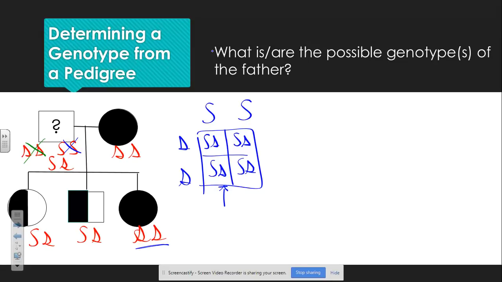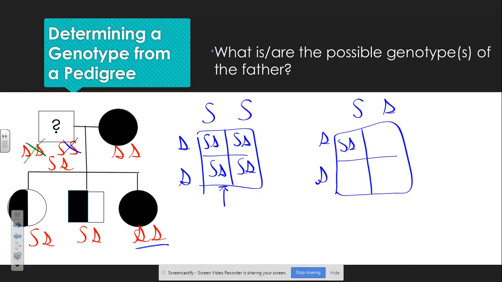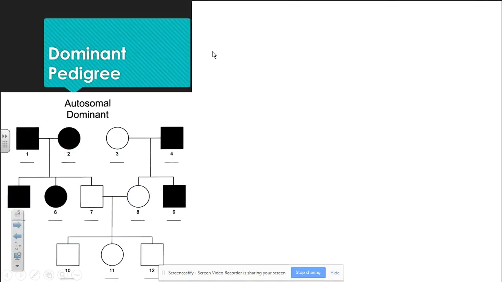So that leaves us with heterozygous for the mom. We'll just do the cross to confirm. Right? There's our child with sickle cell. That explains their daughter with sickle cell. And there's a 50% chance their children could be heterozygous, so that would explain this daughter and son. And I will go over a dominant pedigree in the next video.